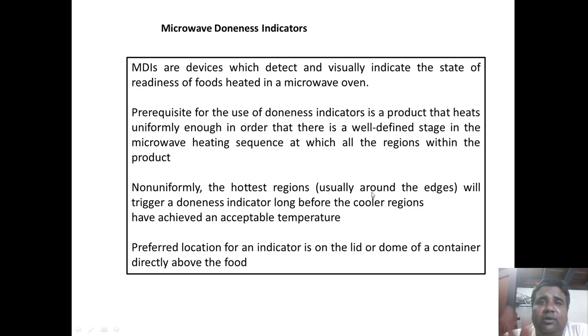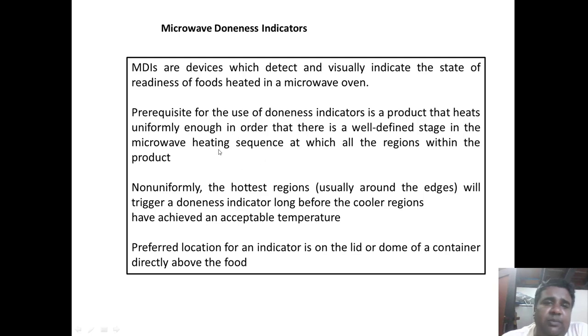So basically it is a label on the product package, and as the microwave heating of the prescribed time and temperature has been achieved, it will show that now your product is ready to consume. Microwave doneness means it is over now.